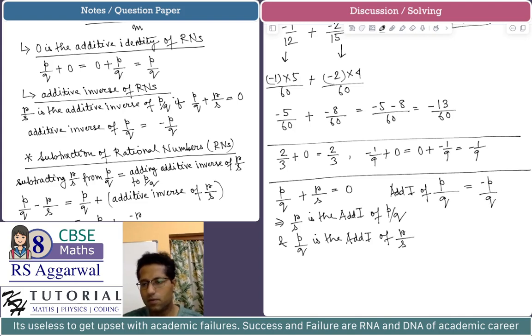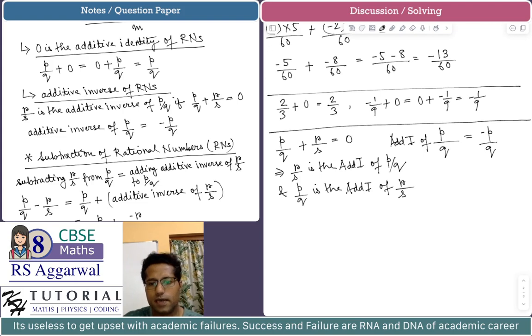The numerator could be positive or negative, whatever it is, you just take the negative of it, and if the numerator is already negative, then the negative of a negative numerator will become positive. So you have to just take the negative of the numerator. Then minus P by Q is the additive inverse of P by Q.